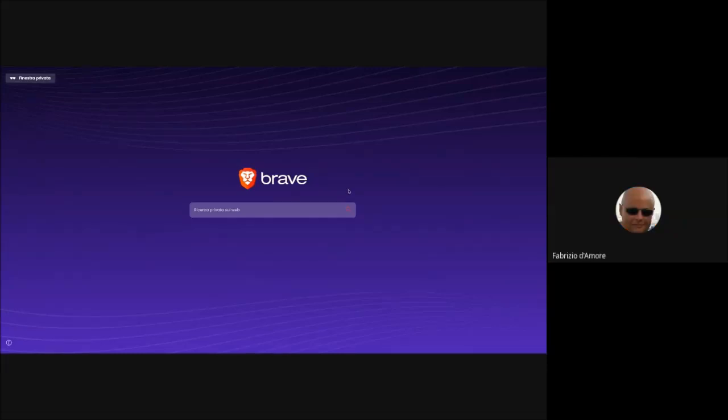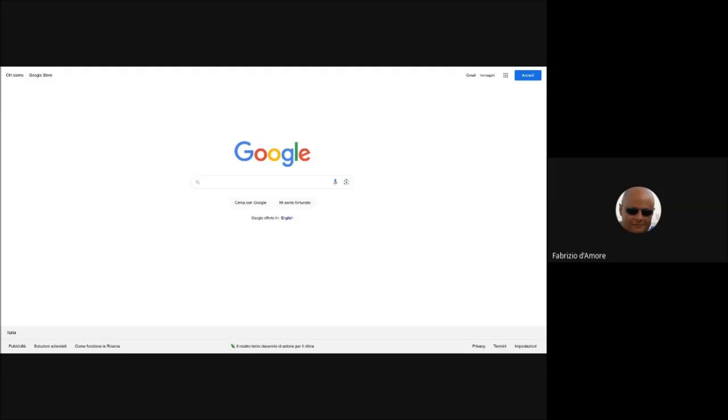And when you go somewhere like Google, you see the page, right? And here you can find some information about the website. And here you can inspect the certificate.